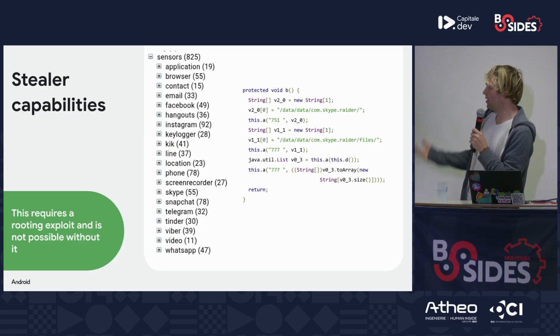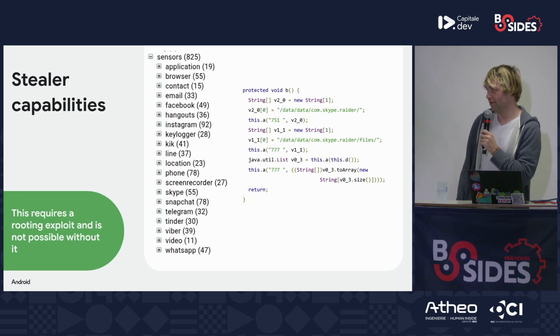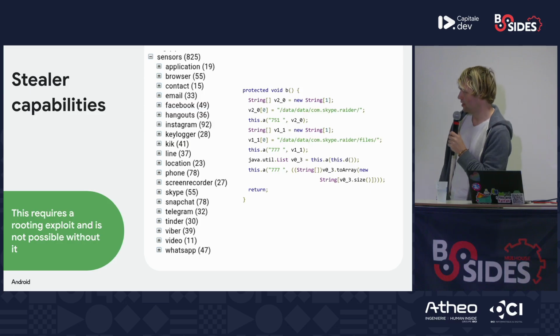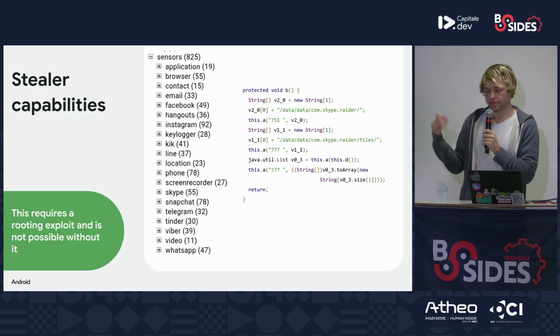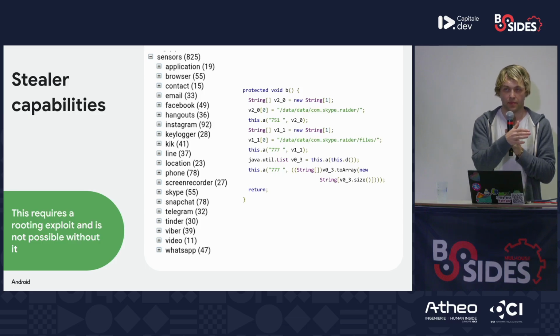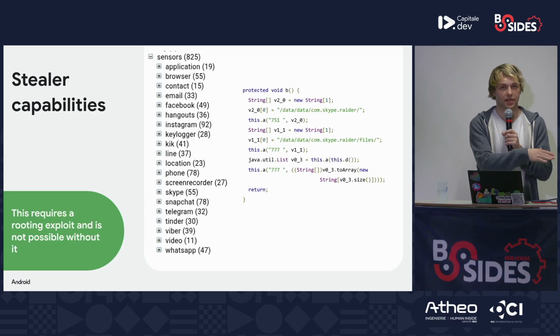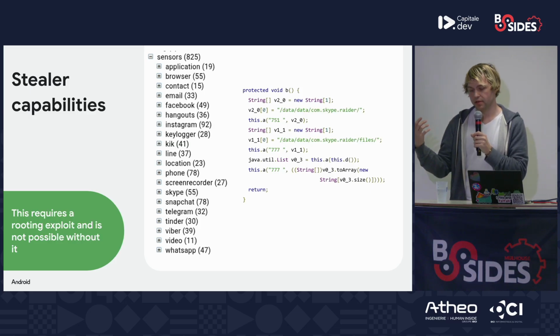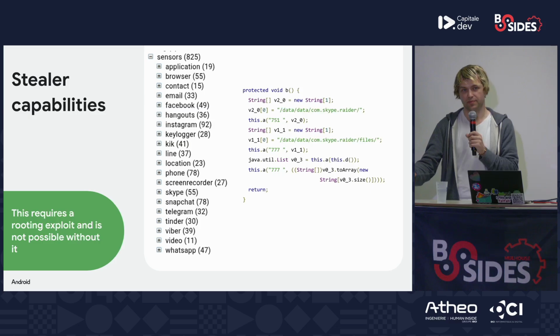So yeah, normally stuff like this is not allowed. By stuff like this, I mean accessing the private directory of Skype or any other app that you can see here. But if the device is rooted, they can access all your previous historical conversations.